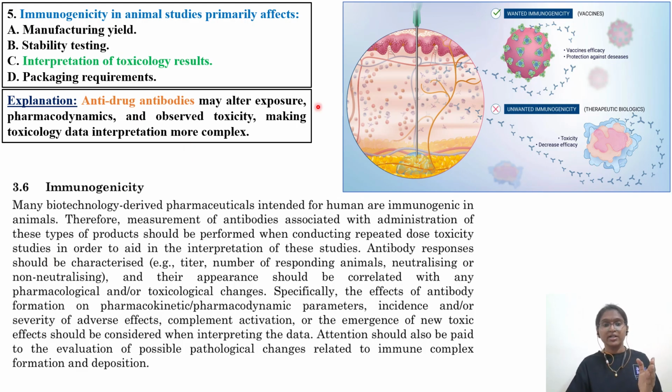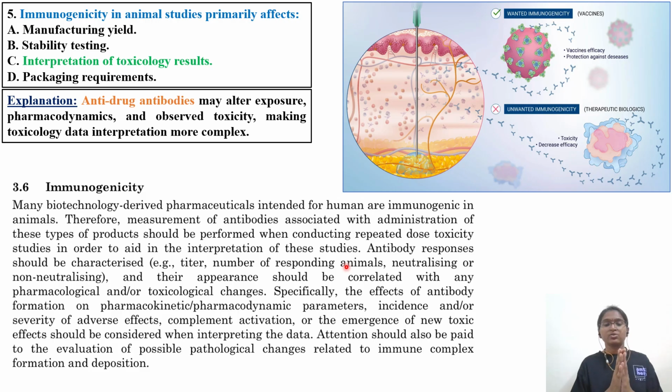Biotechnology derived pharmaceuticals intended for humans are immunogenic in animals. Therefore, measurement of antibodies associated with administration of these products should be performed when conducting repeat dose studies, in order to help in interpretation of these studies. So this is the answer.